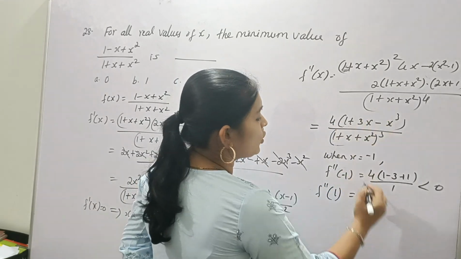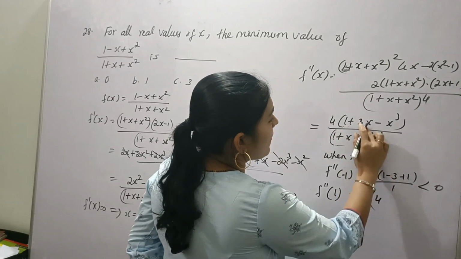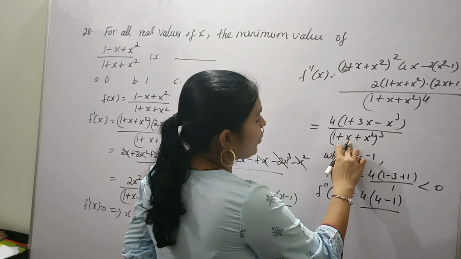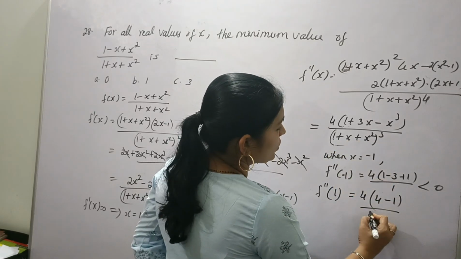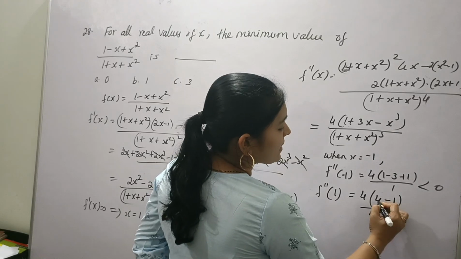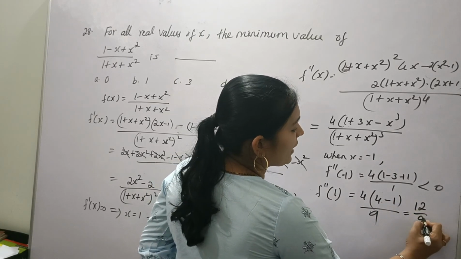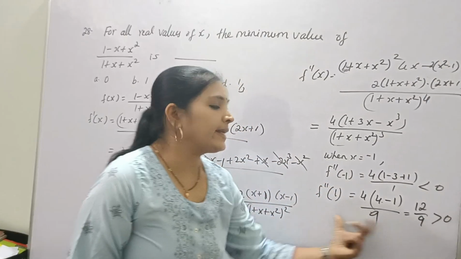So substitute x is equal to plus 1, so 4 into 1 plus 3, that is 4, minus 1 cube, that is 1, divided by, here 1 plus 1, 2, 2 plus 1, that is 3, so 3 cube, that is 9, it is, see, 4 minus 1 is, so 3 into 12, that is 12 by 9, it is greater than 0. Okay, so here it is greater than 0, right?